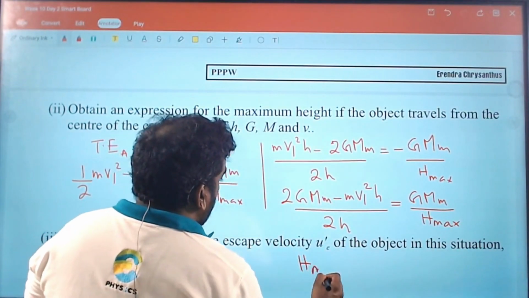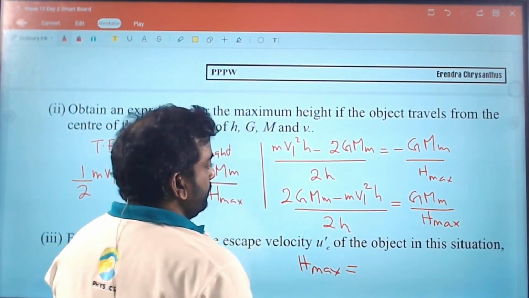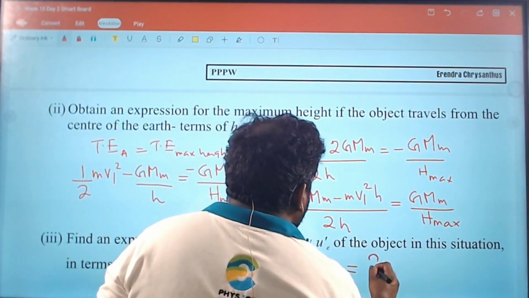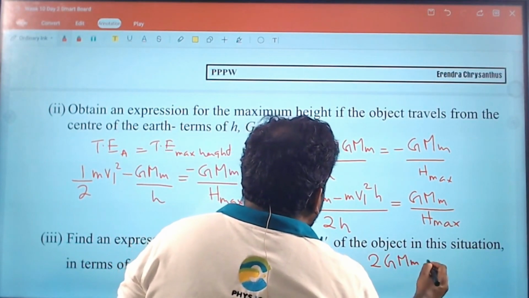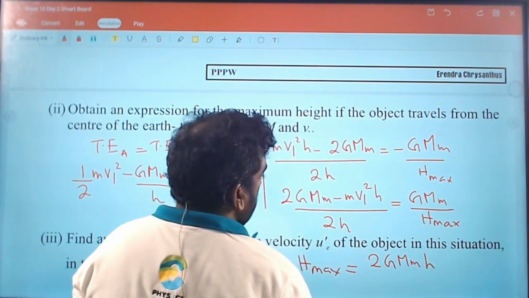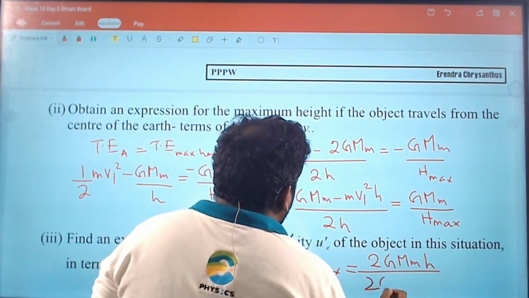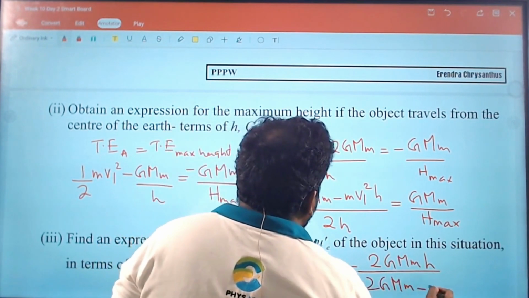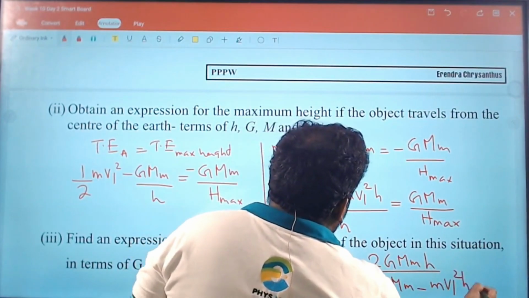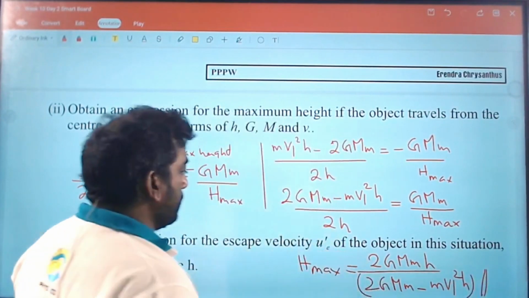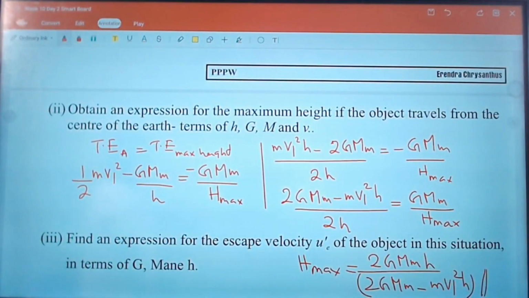Turn it upside down: h max is equal to 2 G M m h divided by 2 G M m minus m v1 squared h. There you go.